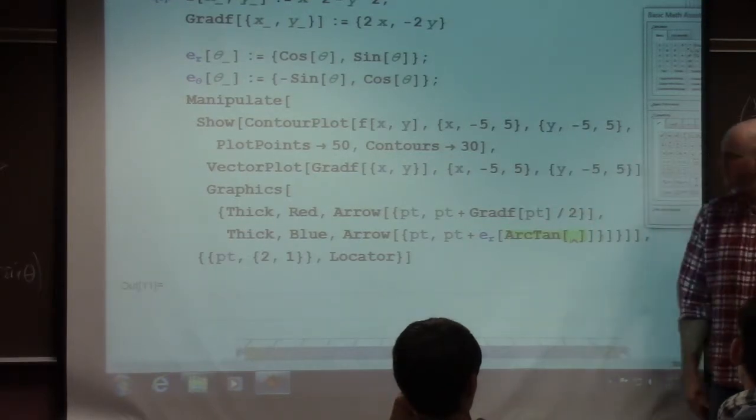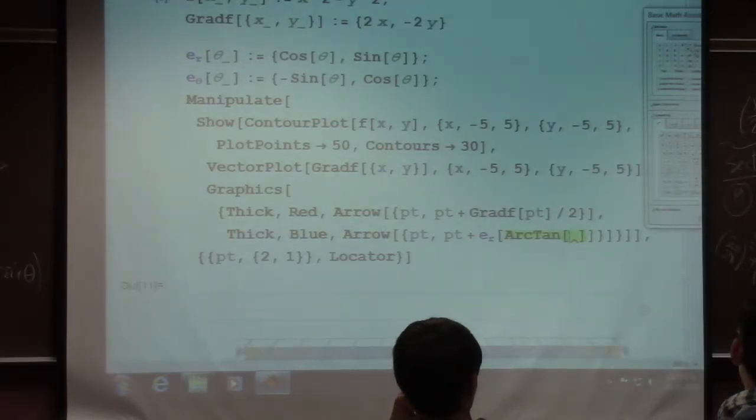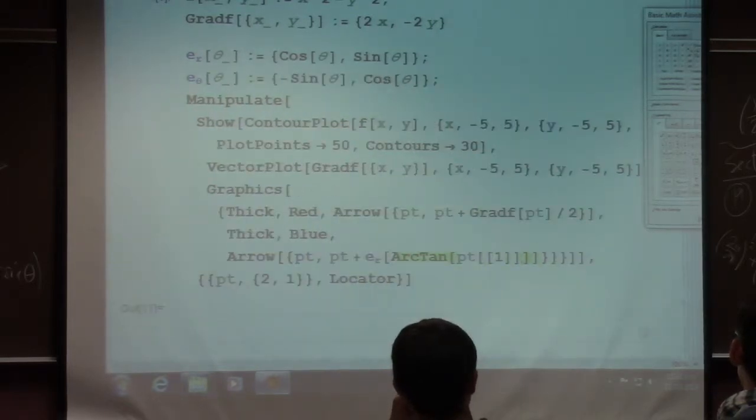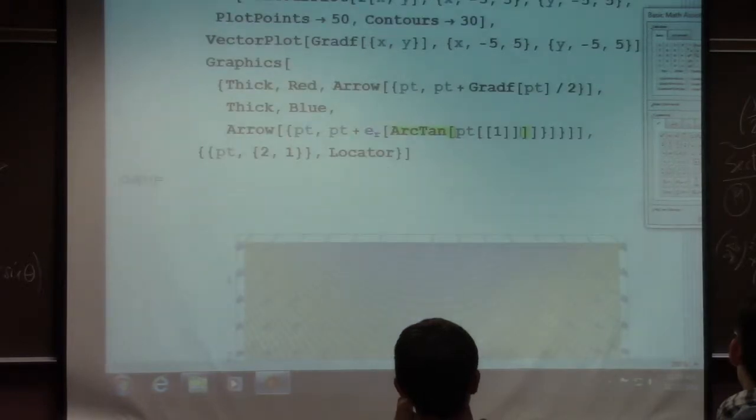I don't think it goes 0 to 2 pi. So I'm going to put an x comma y in here, but what are x and y? Well, they're the first and second coordinates of PT, the point. Here's how you type that in. PT of 1 with double square brackets, like this. That represents the first entry in PT, the point.